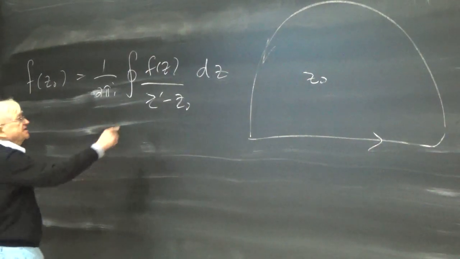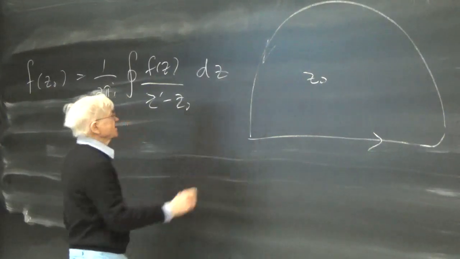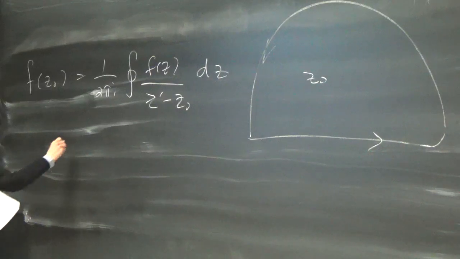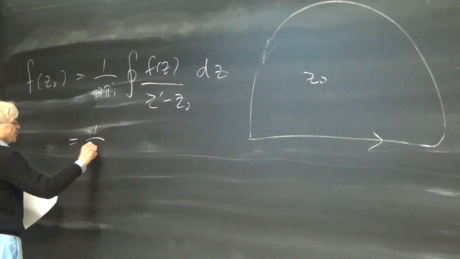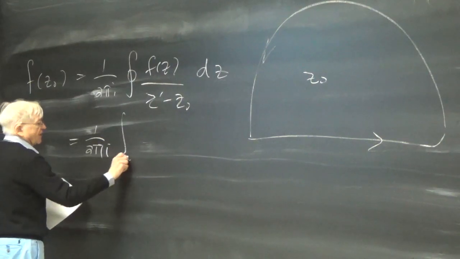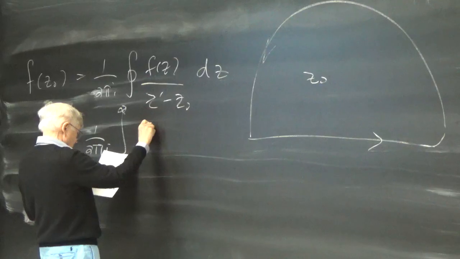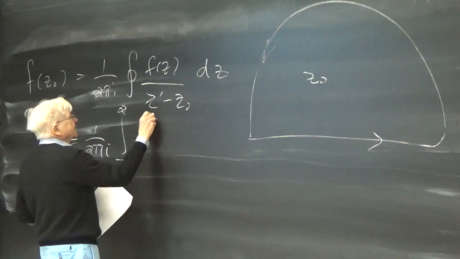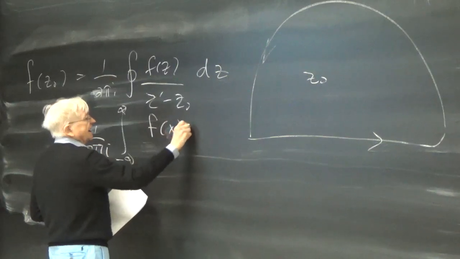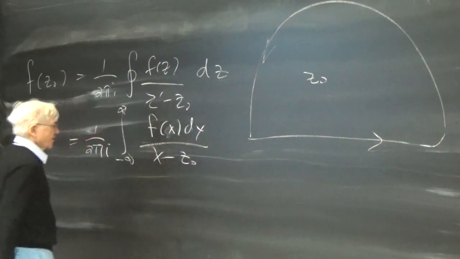And we're assuming that this goes to 0 fast enough on this ghost contour, so the contour really is a ghost contour. And then this is in fact just 1 over 2 pi I, integral minus infinity to plus infinity, you can call it f of x dx over x minus z0.